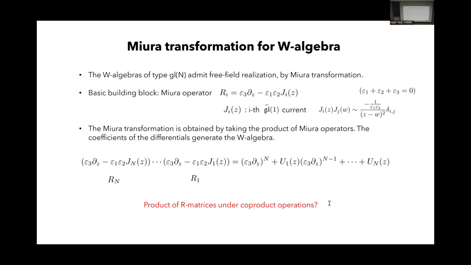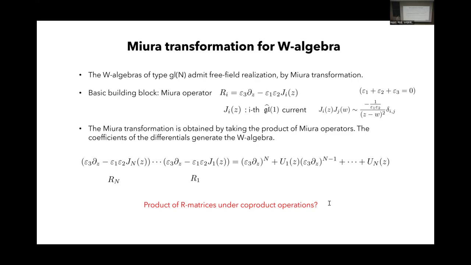Obviously this derivative will act on the J currents on the right, and the explicit expressions of the U currents will be some complicated combinations of the J's and their derivatives. And in some basis, it is known that these currents satisfy the OPE relations of the W_N algebra.